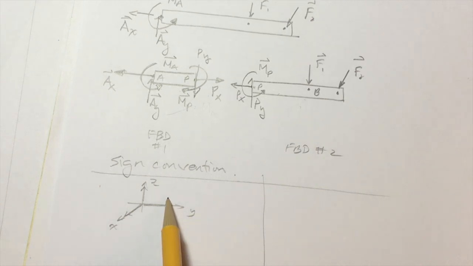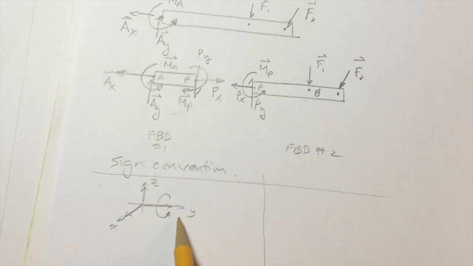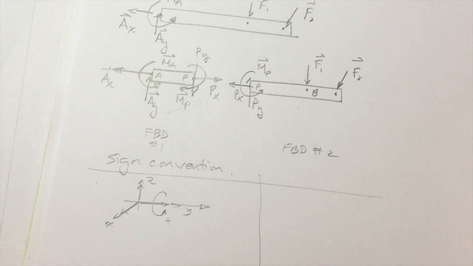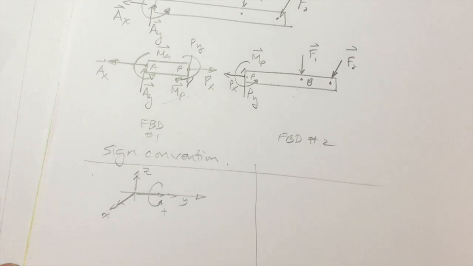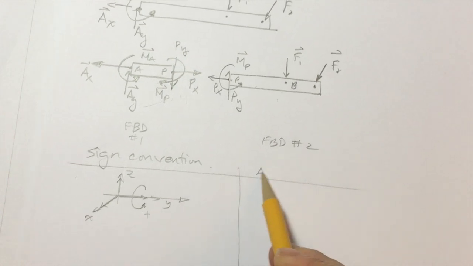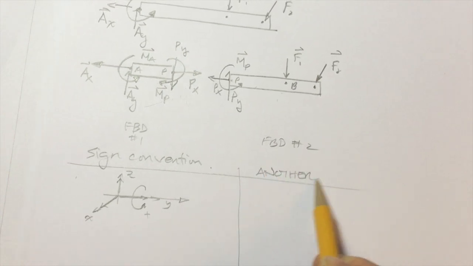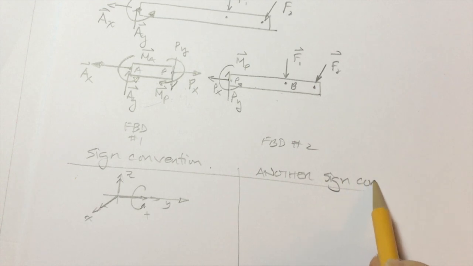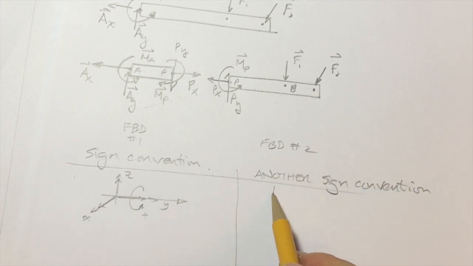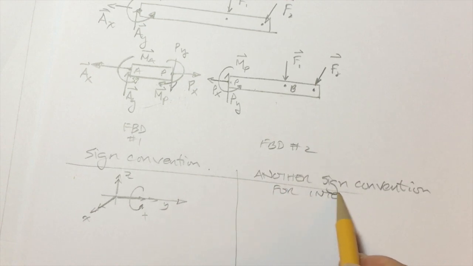And in terms of its moment, if we use the right-hand rule and our thumb points in this direction, we said that would be positive. That is still true, but now what we're going to do is formulate another sign convention to talk about these internal loadings. Another sign convention for internal loadings.